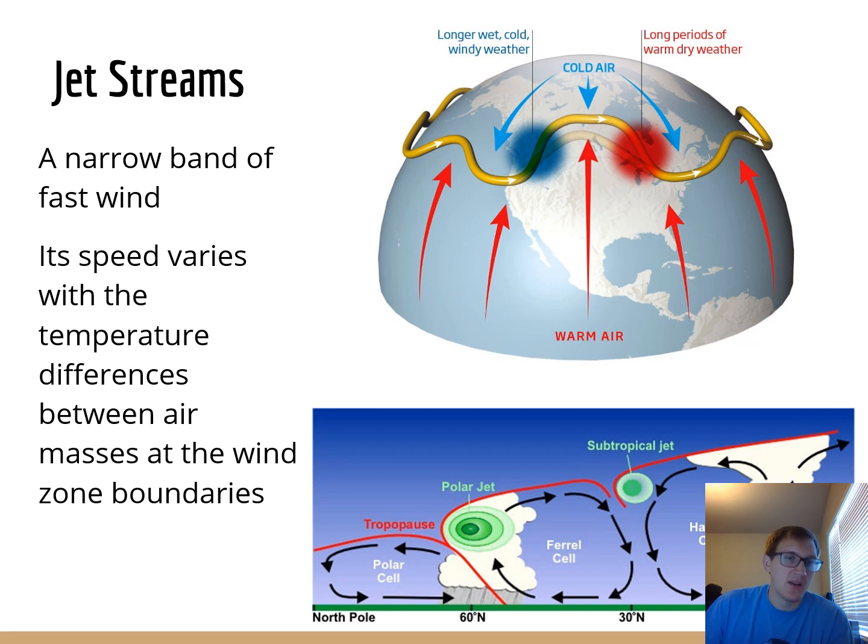Its speed varies with the temperature difference between the air masses and the wind zone boundaries. So between the polar easterlies and the prevailing westerlies, it depends on how drastic the temperature change is between those two places.